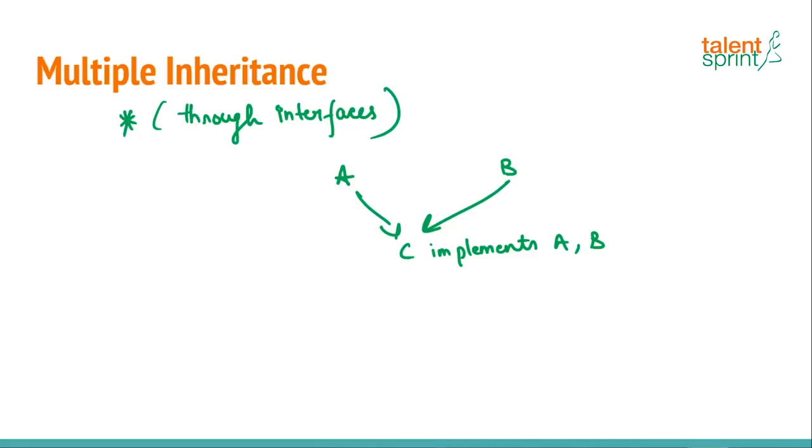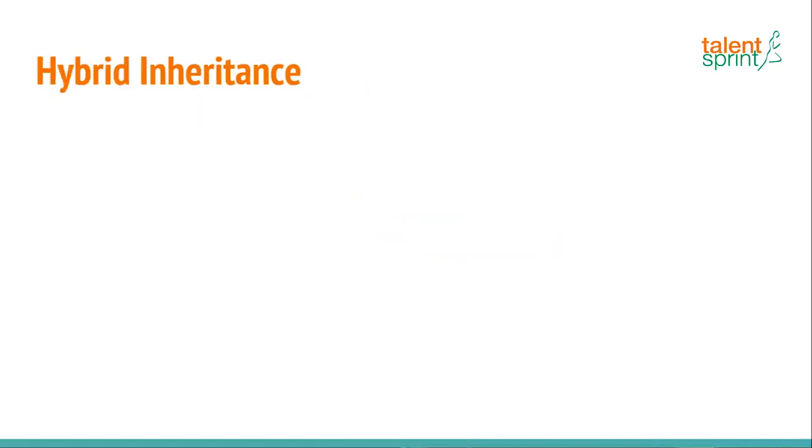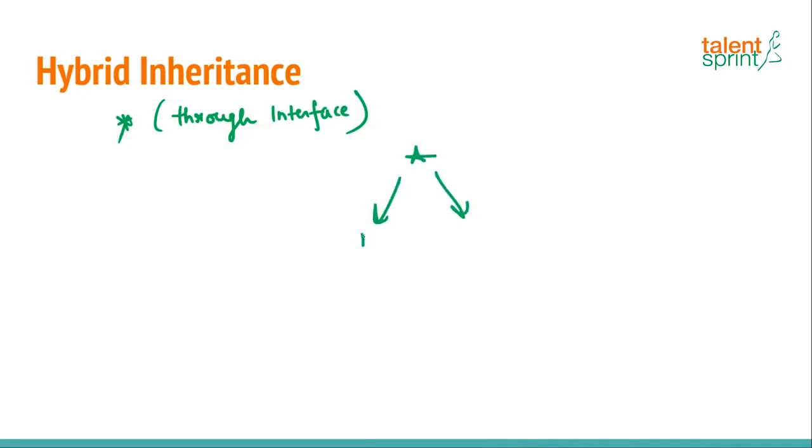Not through abstract classes. Alright. Finally we have hybrid inheritance, again through interfaces. Hybrid inheritance is also only and only through interfaces. So you can have a class that is implemented by class B and C, and you can have a class D which implements both B and C, correct?